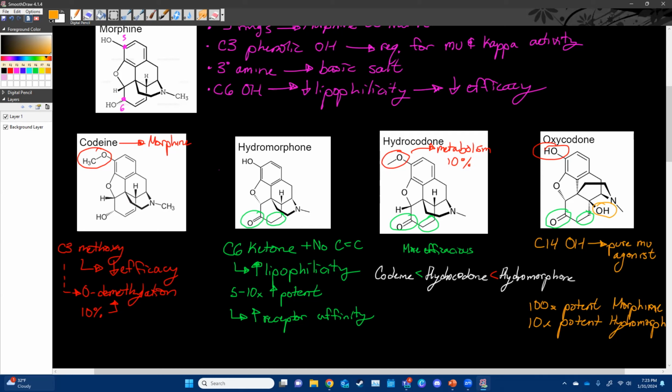Any questions about these? Does this clear up whatever you guys talked about in class? Yes, exclusively mu. Because morphine, hydromorphone, hydrocodone, they're all going to have some kappa activity, very little, but there is still some.